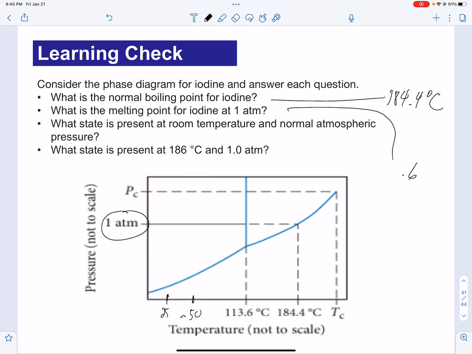So a very rough approximation at 1 atmosphere, at room temperature and normal atmospheric pressure, would be around this point, right? 25 degrees and 1 atmosphere, that's going to be a solid.